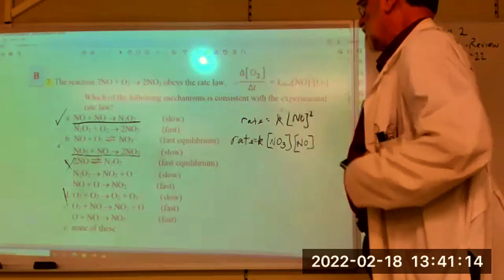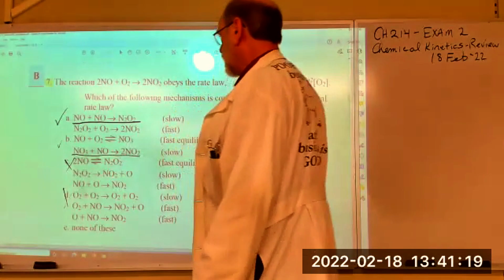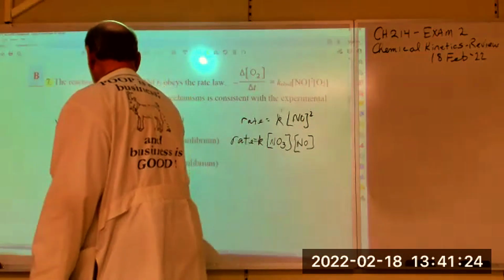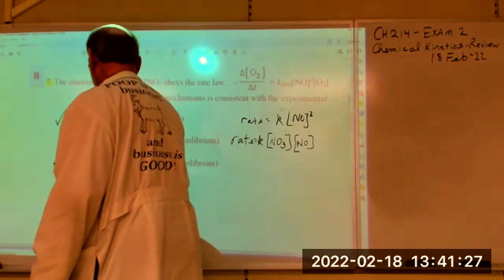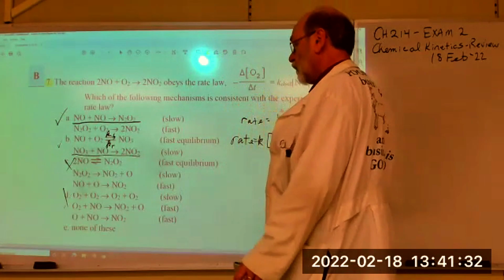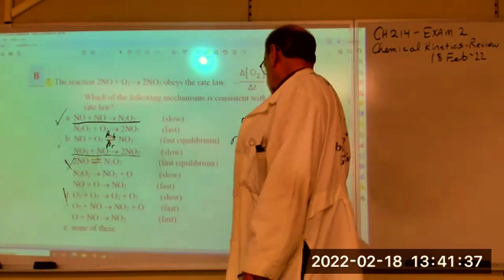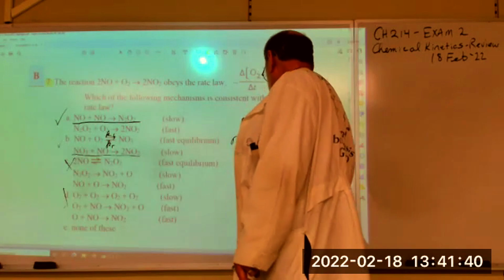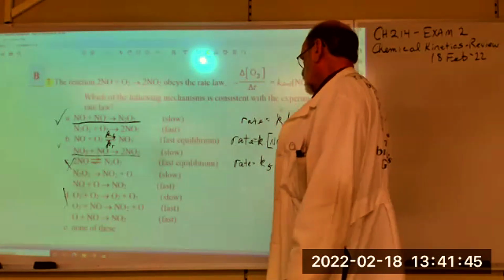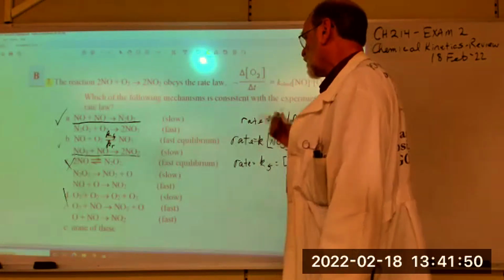So what we have to do is say, all right, this is a fast equilibrium, which means the forward rate equals the reverse rate. We could say this is K sub F and this is K sub R for forward and reverse. So the forward reaction would be K forward times NO and O2, both to the first power.